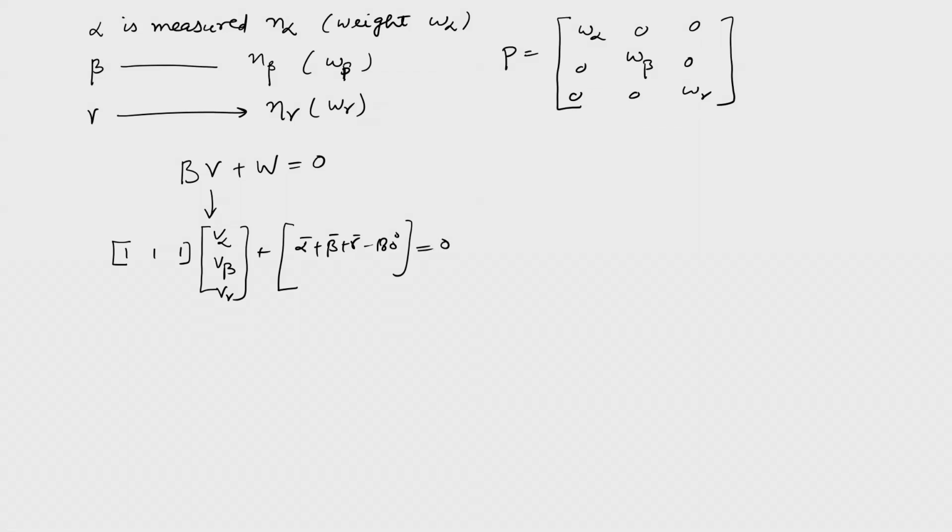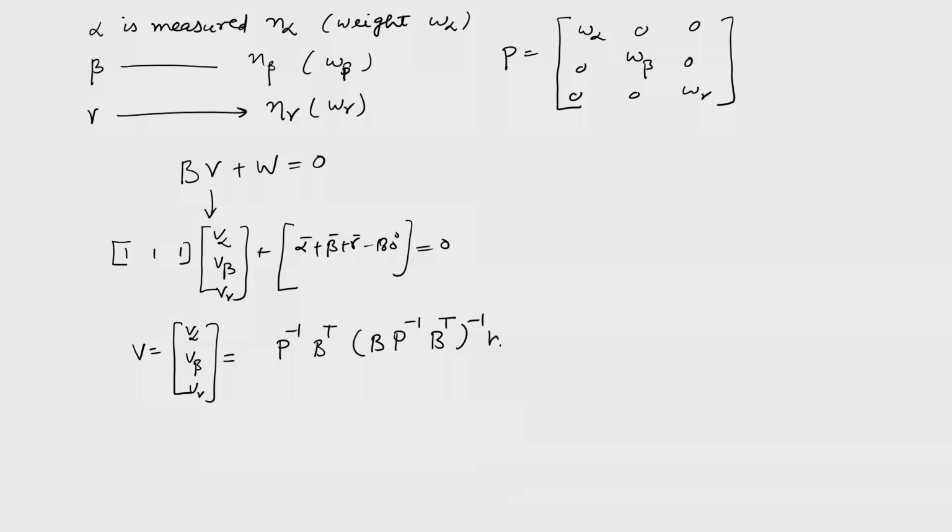Now, I put the weight matrix here, then what will be the solution of V, which is V alpha, V beta, V gamma, equal to P inverse B transpose, (B P inverse B transpose) inverse W. I am again writing the same formula here. You put this and try to find out. I have already found the solution.